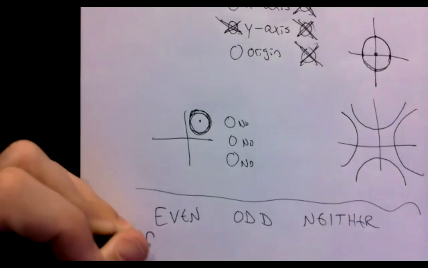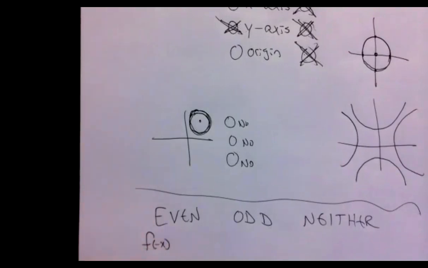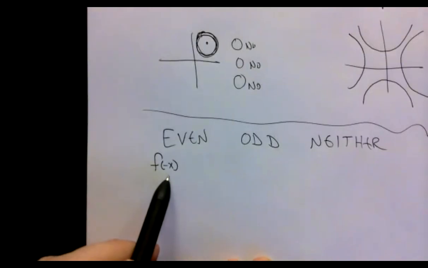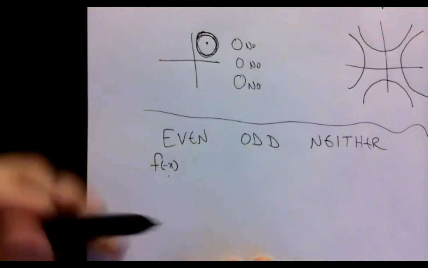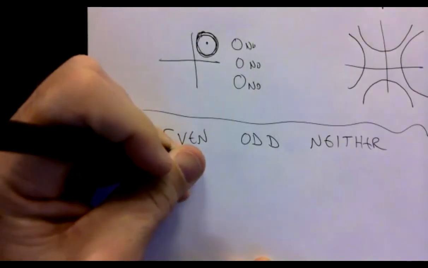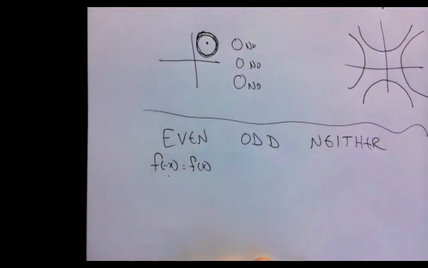An even function: if we replace x with negative x, nothing's going to change. We're going to end up with the original function.